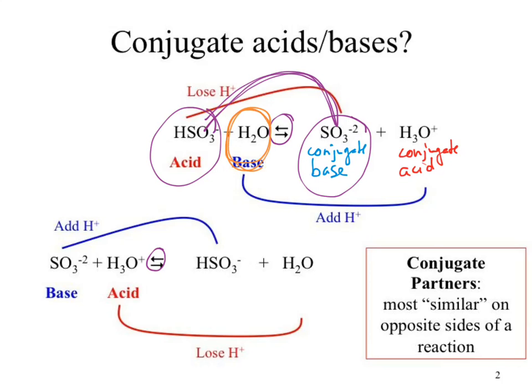So our H2O's conjugate partner is H3O plus. Okay? Notice as well, our conjugate partners, one is a base, one is an acid. Both cases. Okay? Is that always true? That is always true. Okay? Questions about your conjugates, acids and bases?